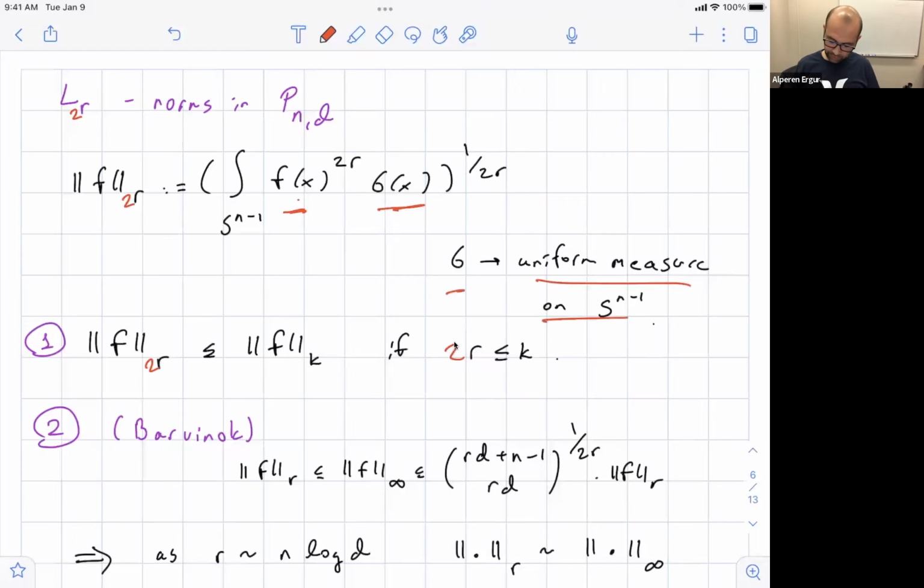And for this, there is a whole bunch of work by numerical analysis people. The best I found was a very recent paper on arXiv due to Mauricio Velasco and, I think, Costancho. I don't want to say his name wrong.